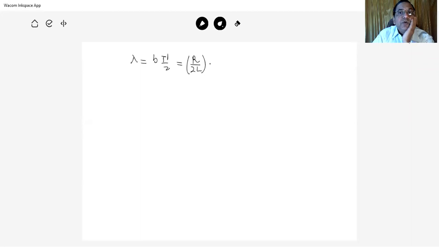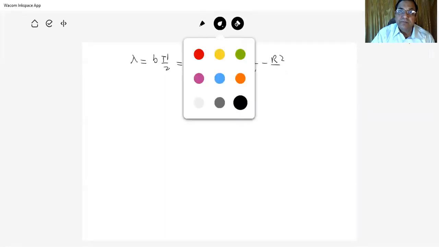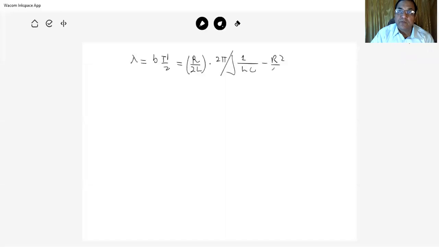T dash is 2 pi under root of 1 by LC minus R square by 4L square.